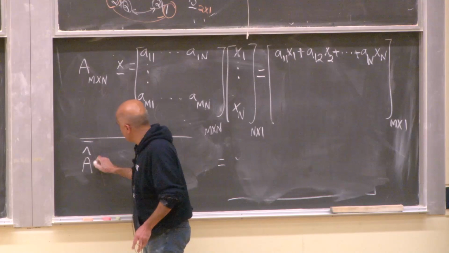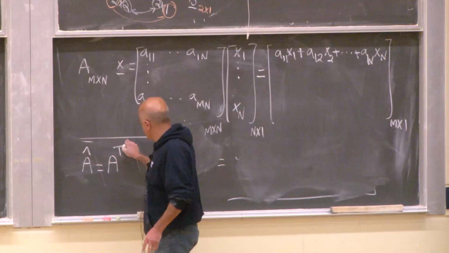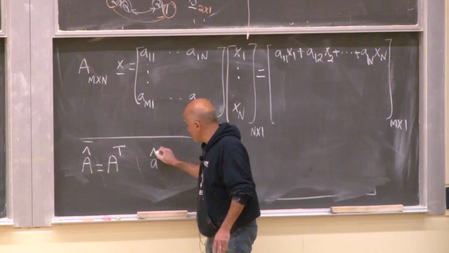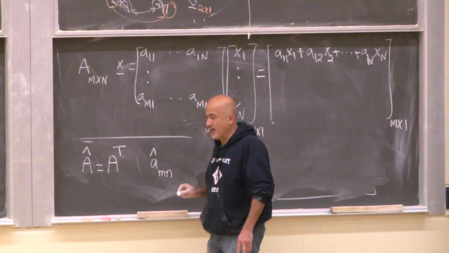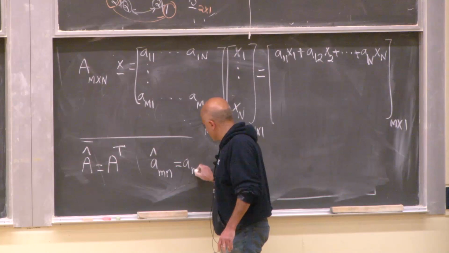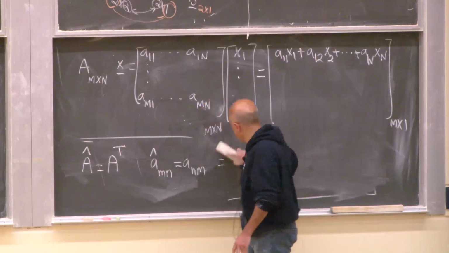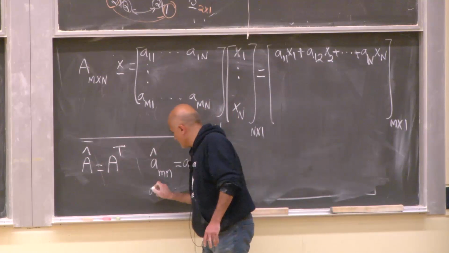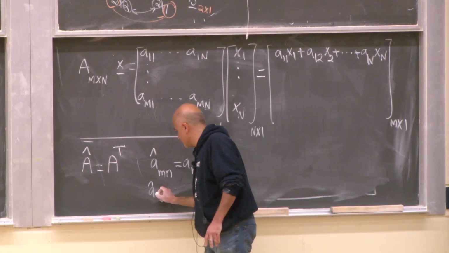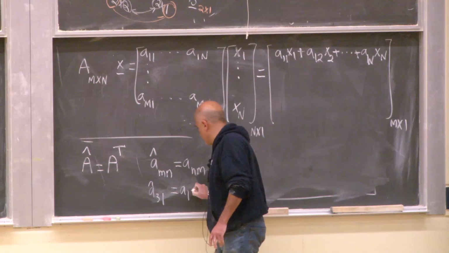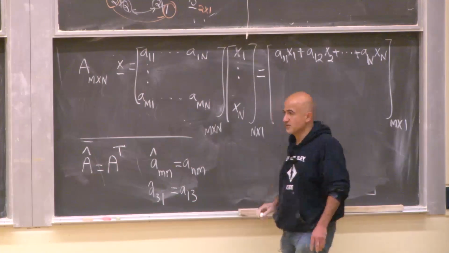A hat, which is the transpose of A. All this means is that every entry in A hat is obtained from the mirror image along the diagonal, across the diagonal from the other matrix. So for example, A hat 3, 1 is obtained from the 1, 3 element of the original matrix.